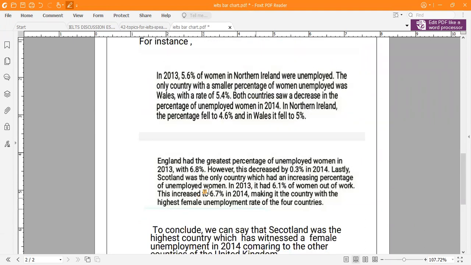Scotland was the country which had an increasing percentage of unemployed women in 2013. Actually it had 6.1 of the women. طبعا هذا الدولة الثانية. Lastly, Scotland was the only country which had an increasing percentage of unemployed women.